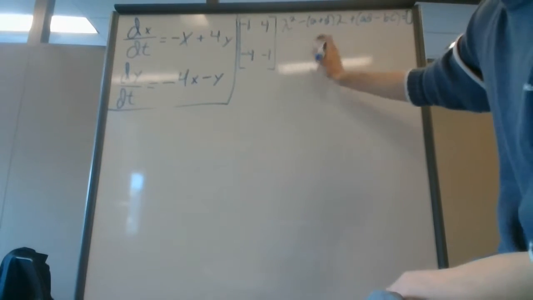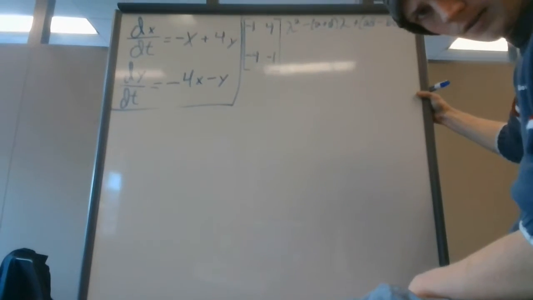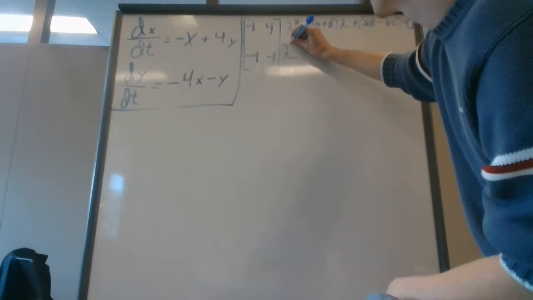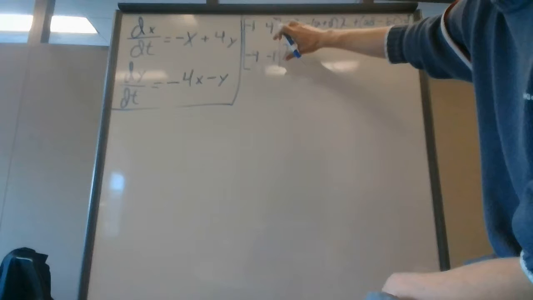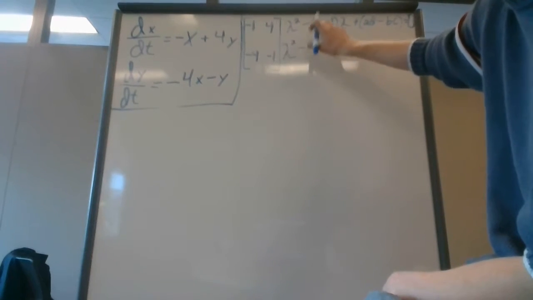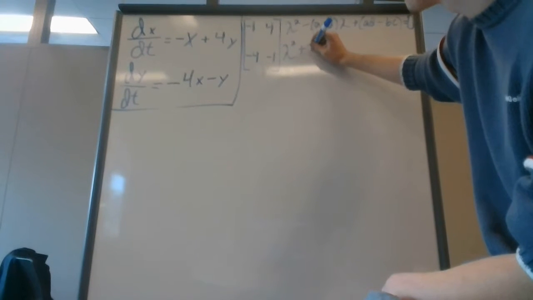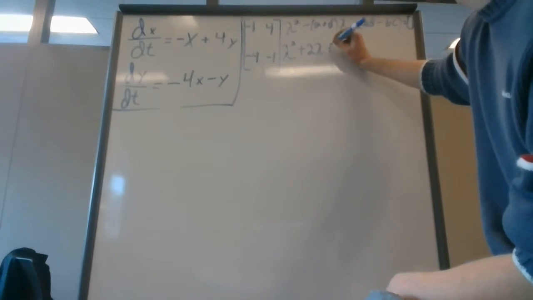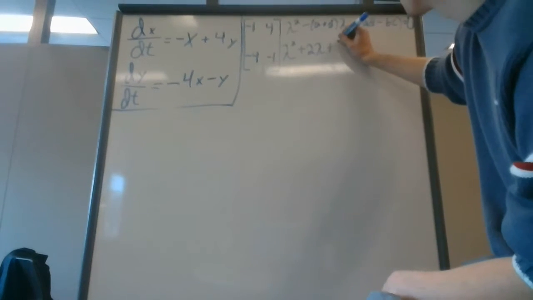So I'm going to plug my values in here. We get lambda squared minus (a plus d), which is -1 plus -1 is -2, minus -2 is +2, so +2 lambda, plus a times d, which is -1 times -1, which is 1.